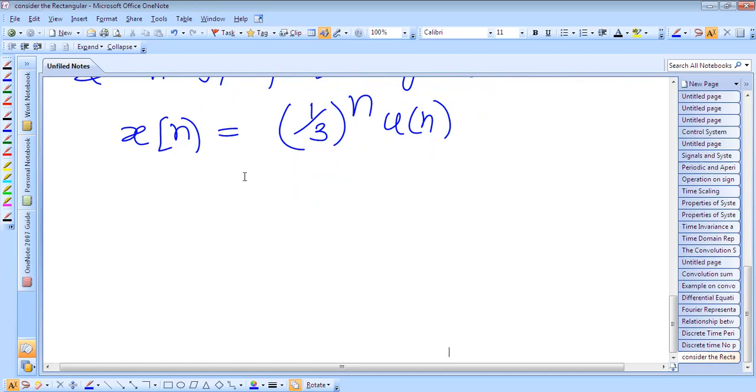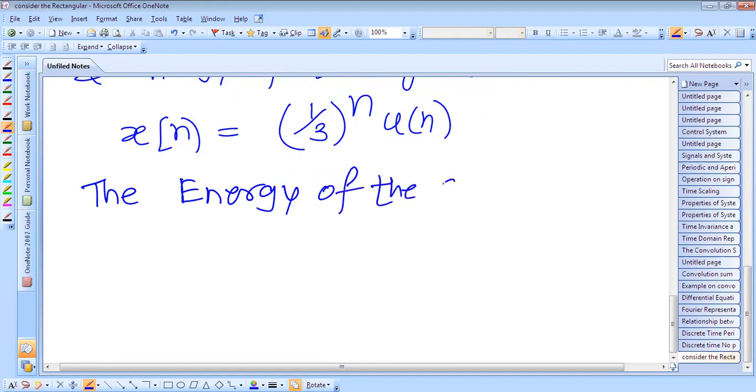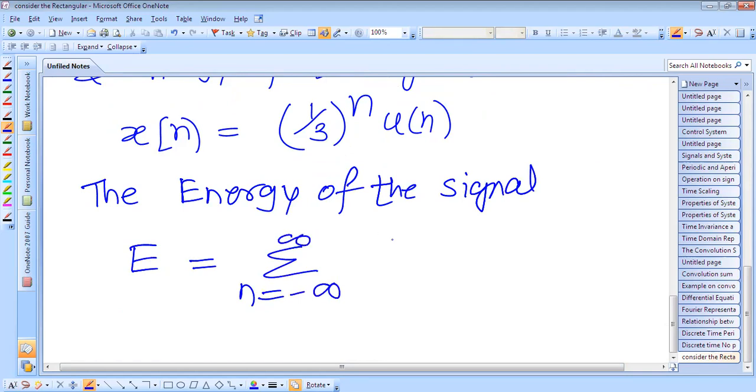Or means we have to find the values of the power and energy. So the energy of the signal E is equal to summation n equal to minus infinity to infinity of x of n square.